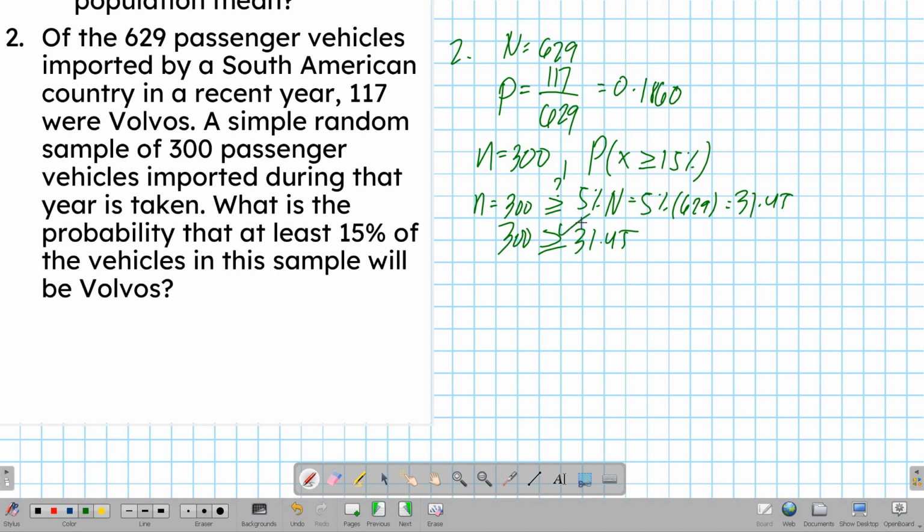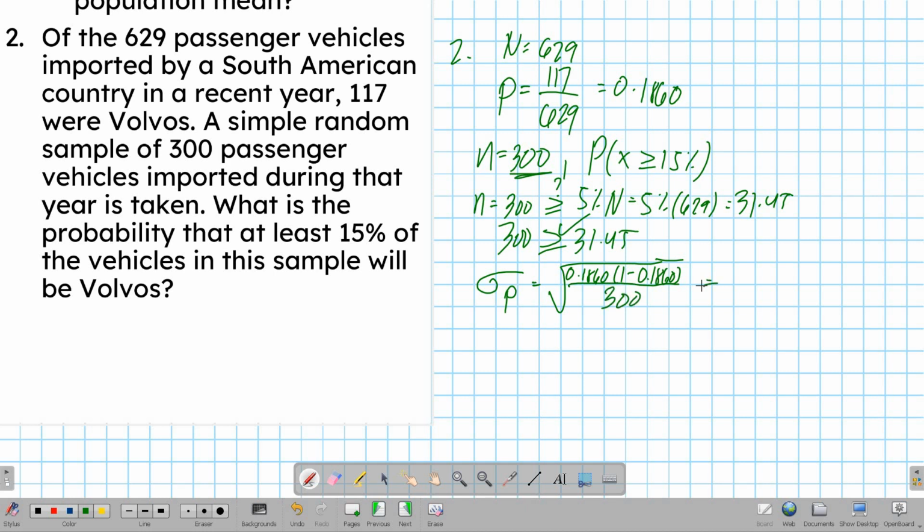Hence, we apply our population correction. And since we're talking about proportion, the standard error for the proportion would then be equal to the square root of our population proportion, which is 0.1860 times 1 minus 0.1860 all over our sample size of 300.